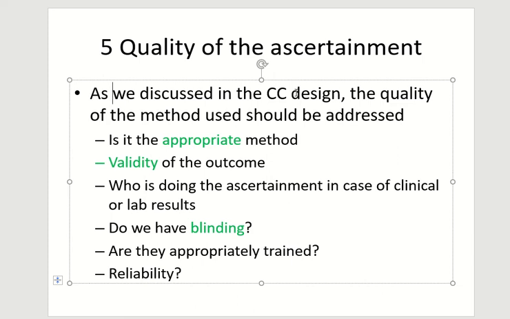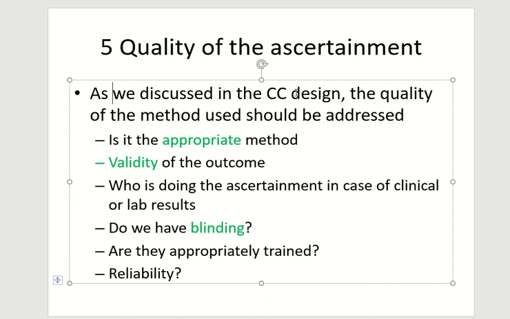For example, if I want to ascertain high blood pressure, hypertension, is one measurement enough? If I took one measurement of a person and the blood pressure came out normal, is that enough? Is that the way of diagnosing high blood pressure? What is the appropriate way of diagnosing blood pressure?